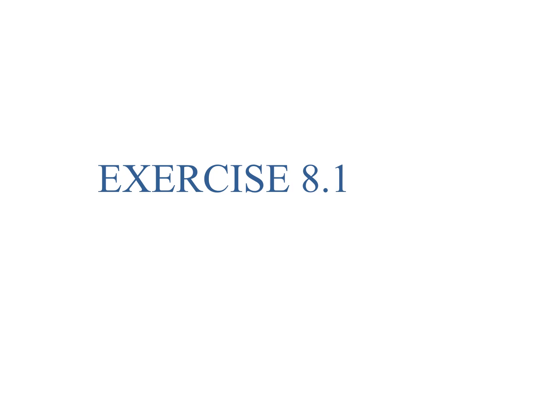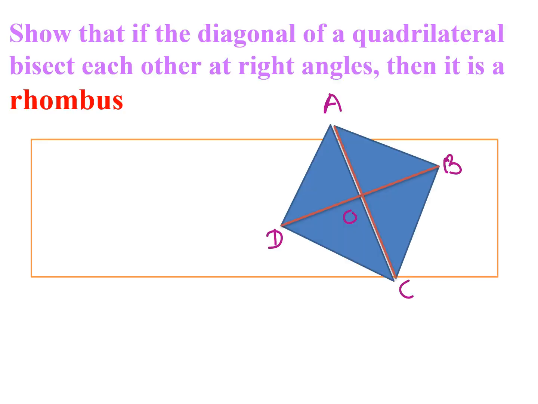Now we will discuss some questions from exercise 8.1 of NCERT. Here is our first question. Show that if the diagonals of a quadrilateral bisect each other at right angles, then it is a rhombus. So what is given here? That the diagonals bisect each other at right angles.